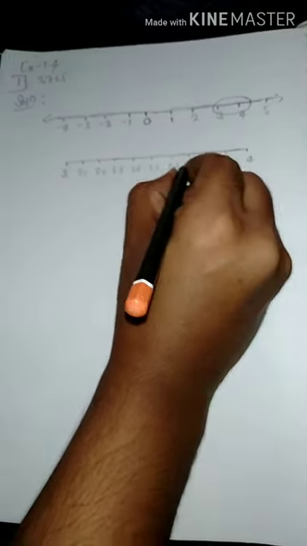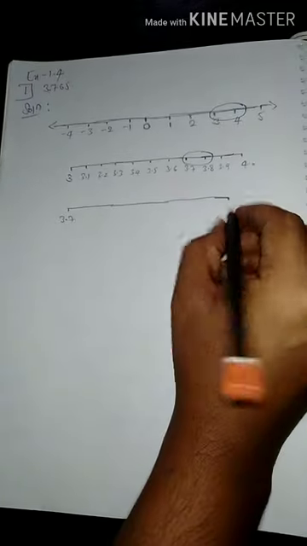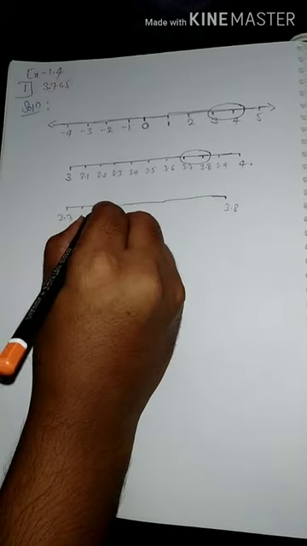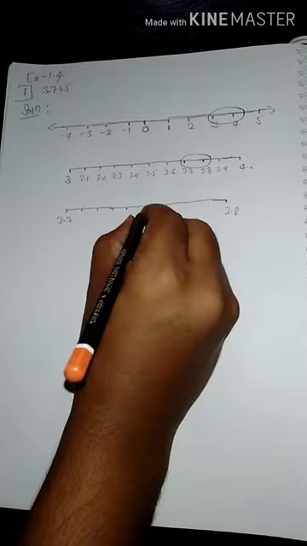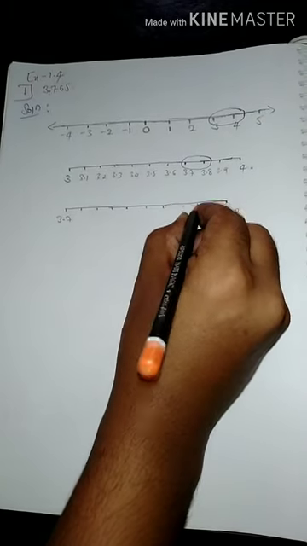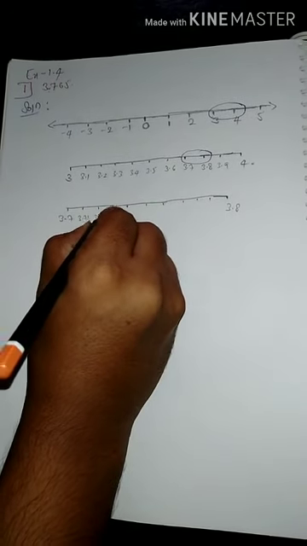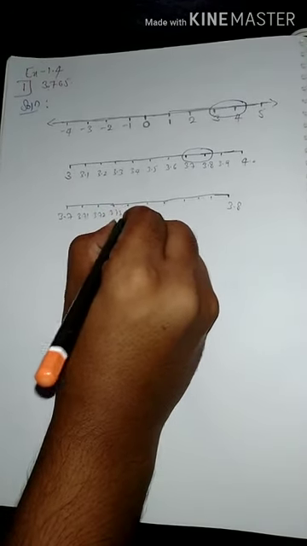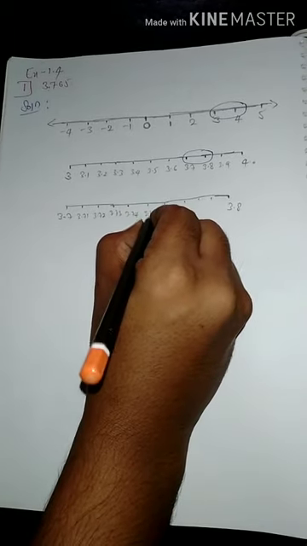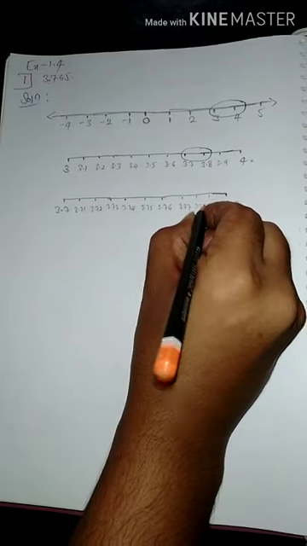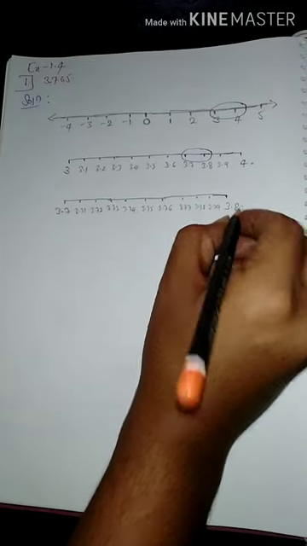So take this part out and again divide 3.7 to 3.8 into 10 equal parts: 3.71, 3.72, 3.73, 3.74, 3.75, 3.76, 3.77, 3.78, 3.79, 3.80.